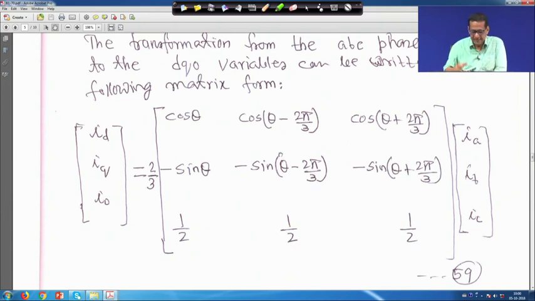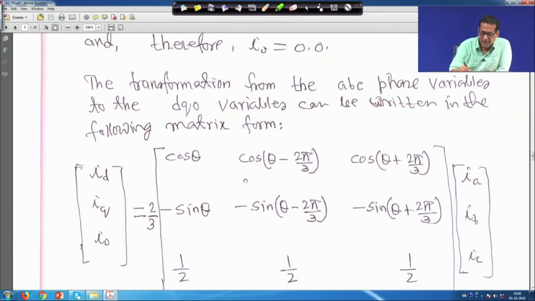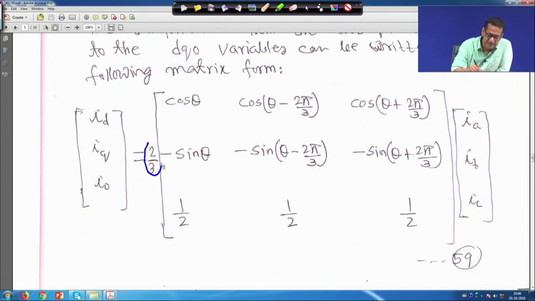ID is equal to 2/3 multiplied by the matrix: the first row cos theta, cos theta minus 2 pi by 3, and cos theta plus 2 pi by 3; the second row minus sin theta, minus sin theta minus 2 pi by 3, and minus sin theta plus 2 pi by 3; and the third row half, half, half.